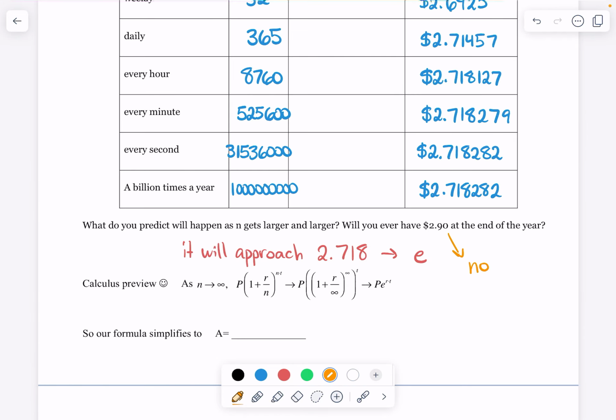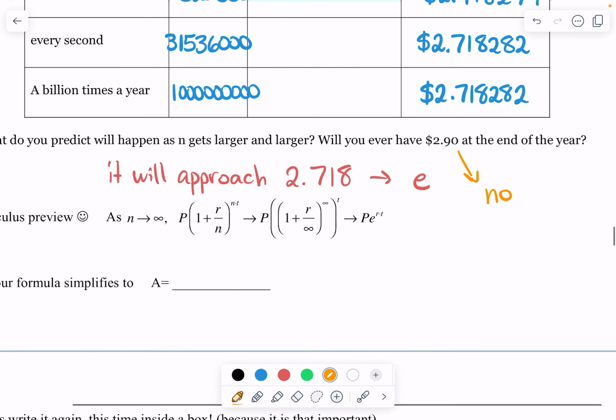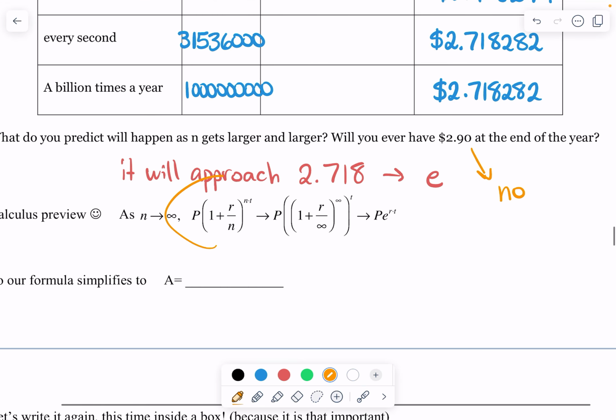If we think about this with our compound interest formula that we see written down here, if we approach infinity with that n value, if we plug in larger and larger values, so we get a larger denominator, but we also raise it to a power more and more times, this formula actually simplifies down into something that's easier to work with.